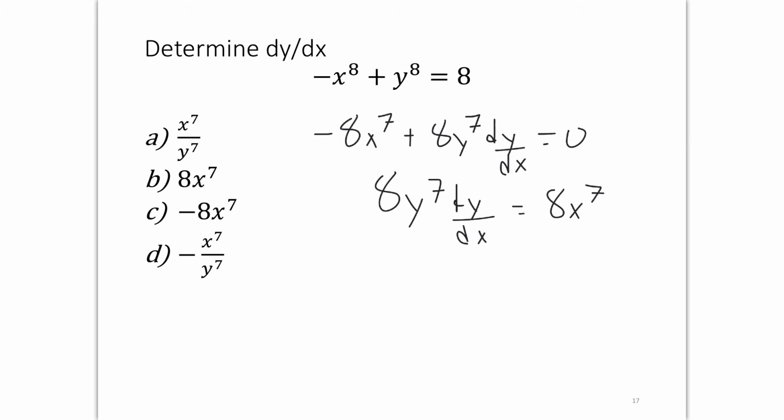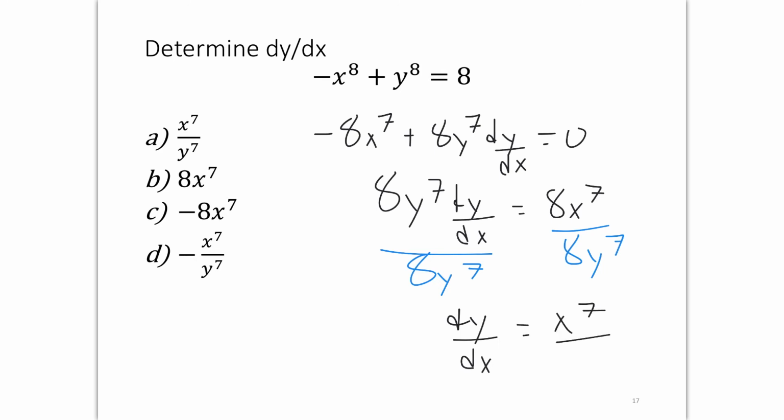Divide both sides by 8y to the 7. And the 8's cancel out, giving you your final answer of dy/dx equals x to the 7 over y to the 7. So the correct answer here is A.